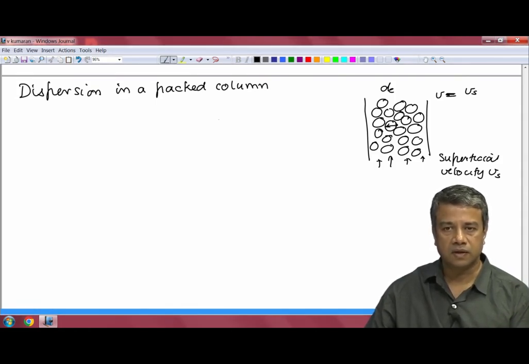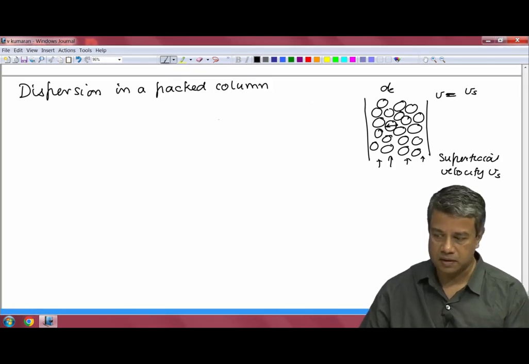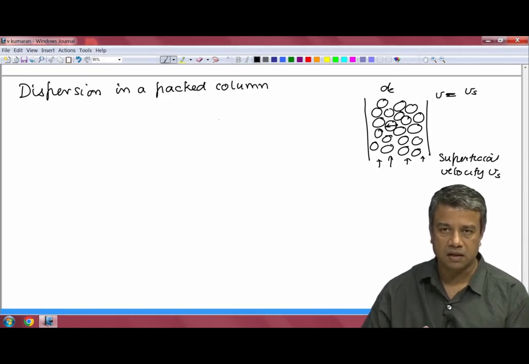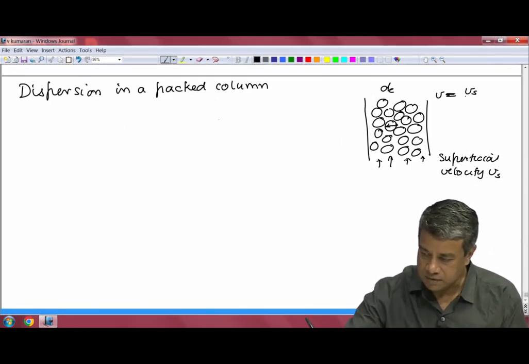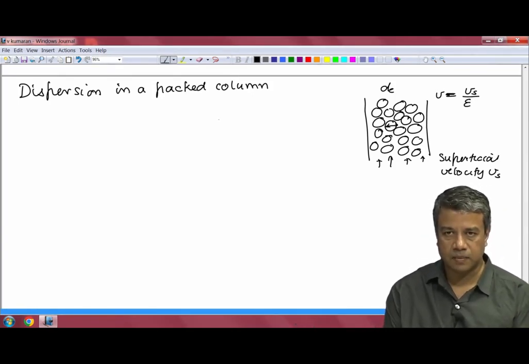The ratio of the area of the pores in the cross section to the total area is the porosity epsilon. And since the cross sectional area available is epsilon times the area of the column, the velocity of the fluid through the pores is the superficial velocity divided by the porosity.